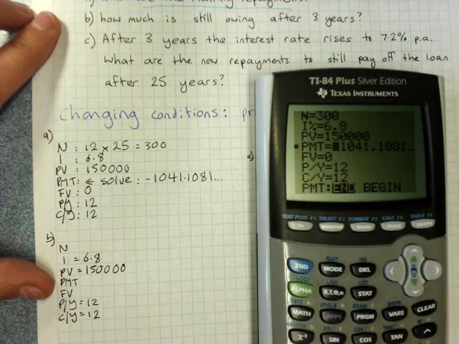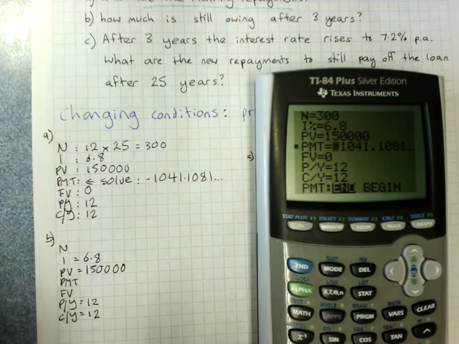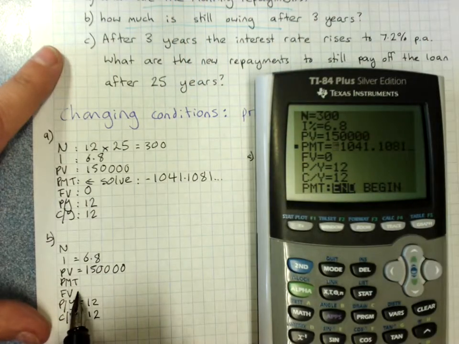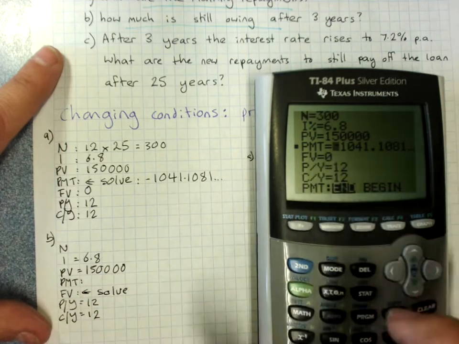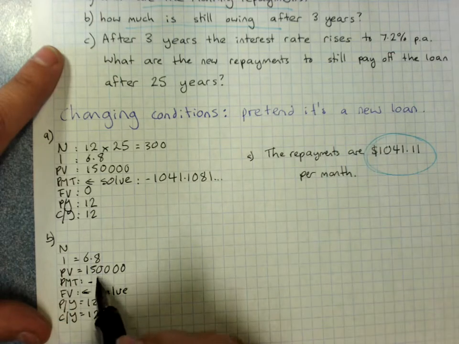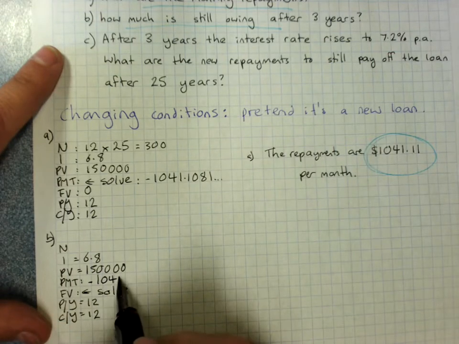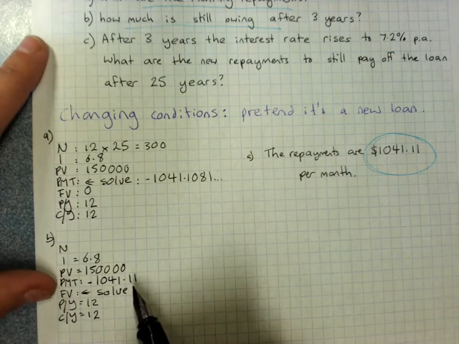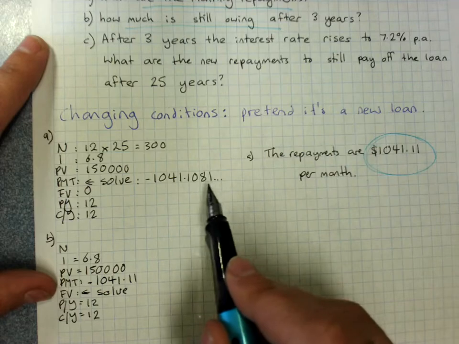How much is still owing means you're solving for future value. Our payments are the rounded value as a negative, because that's what's actually being paid, not the unrounded amount.